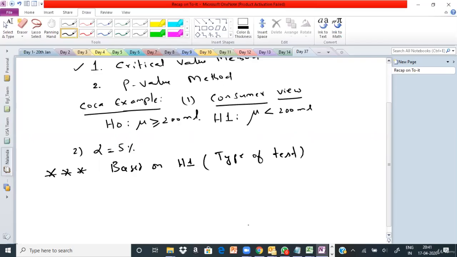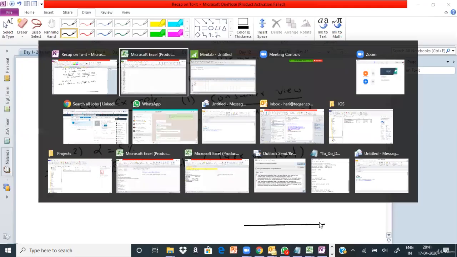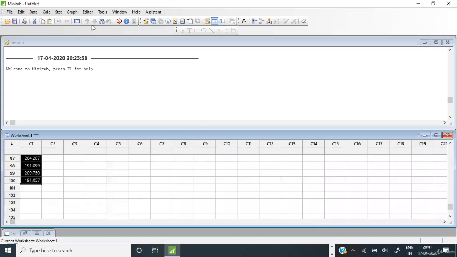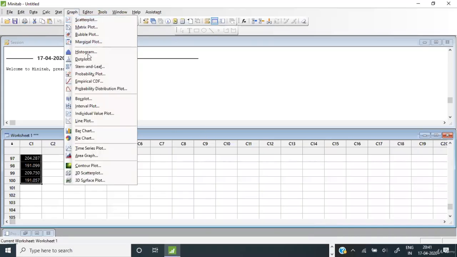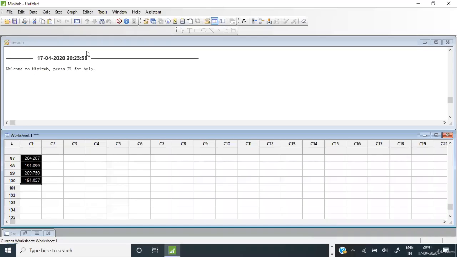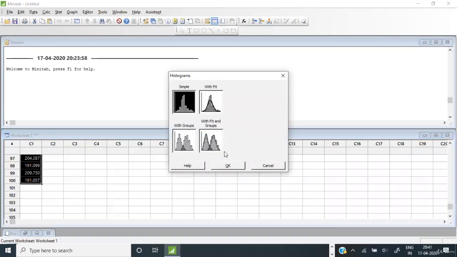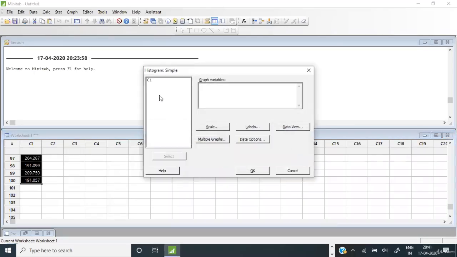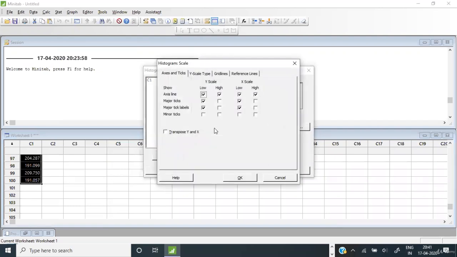That means when I plot a histogram here, let me go back into my Minitab. I am going to create a histogram here. I'm selecting the histogram, C1. Scale is fine.